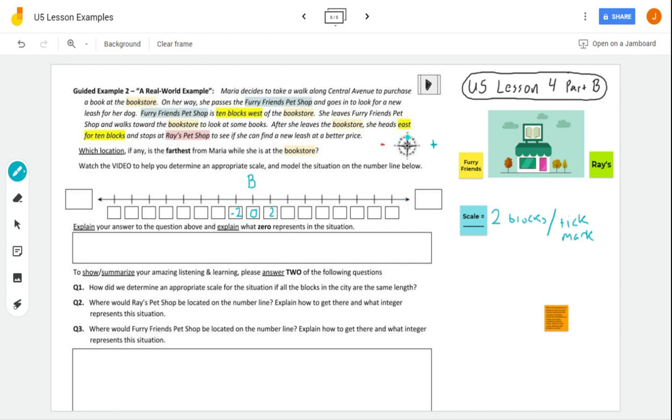So the next thing we need to know is the compass. The compass tells us the different directions. This story happens east and west, and so we want to know which one represents positive and which one represents negative. On a compass, there could also be a vertical number line with north and south. So that's north and south. East is right here, and west is right here, which means that west is the negative side.